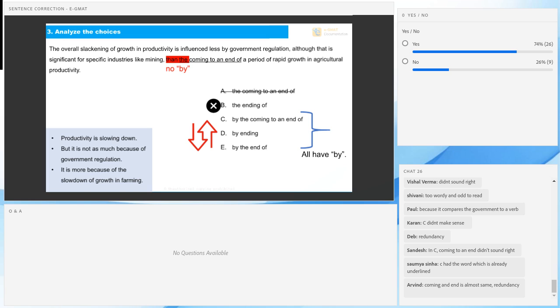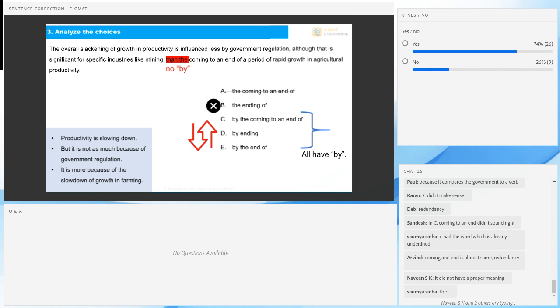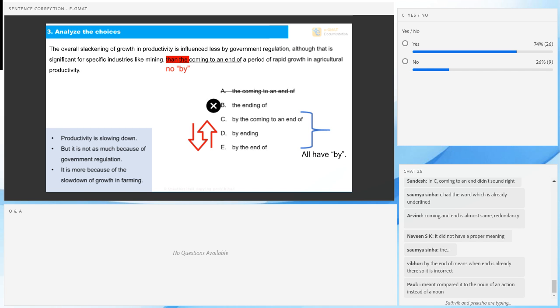C had the word which is already underlined. No, "by" wasn't there in the original choice. And Soumya: "coming to an end" is almost the same redundancy. No, "coming to an end" did not have proper meaning. Okay, Soumya brings up an interesting point here.